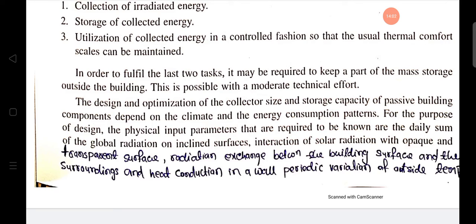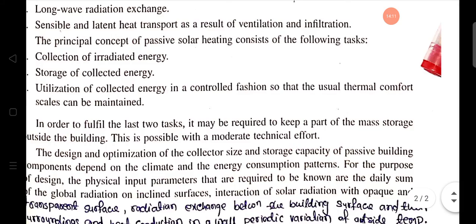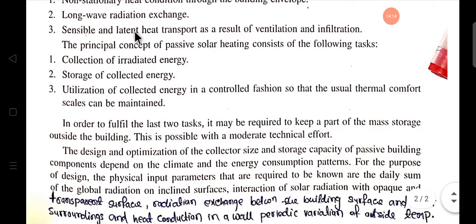That means for the purpose of design, for getting these three aims, we can design our building in such a way that it uses the solar radiation falling on our transparent surface efficiently, and reduces the losses lesser and lesser.